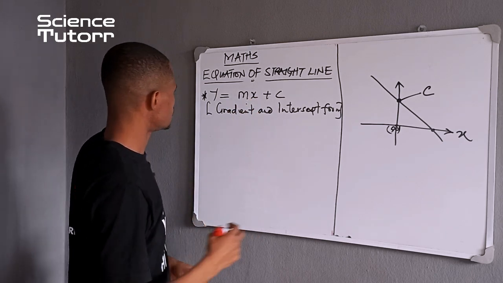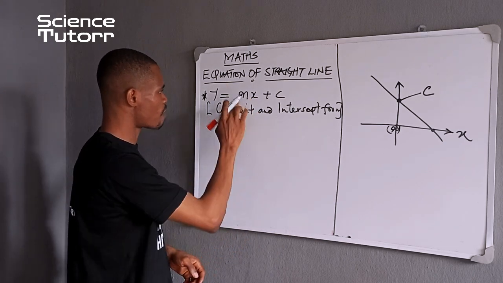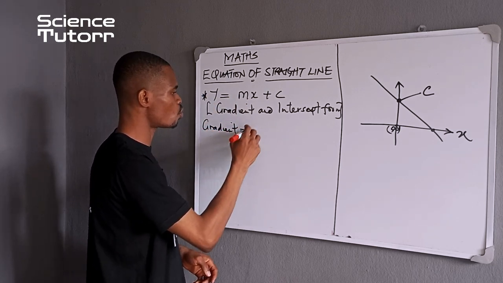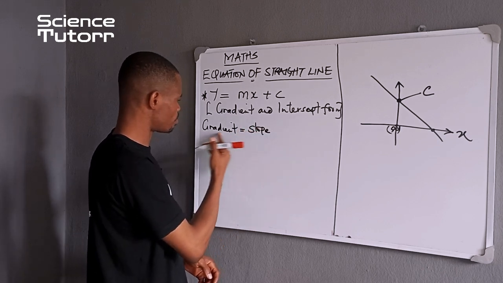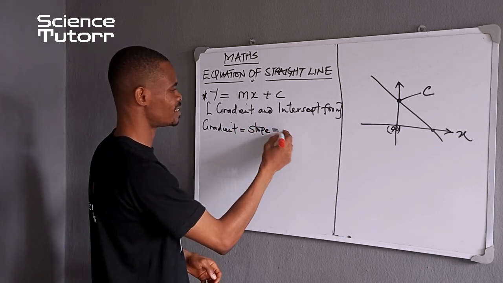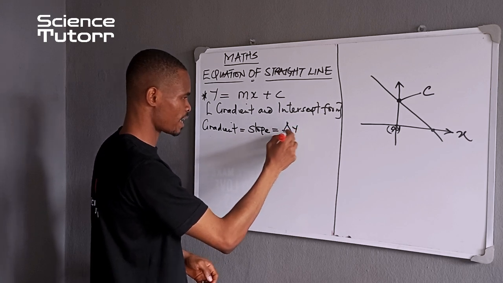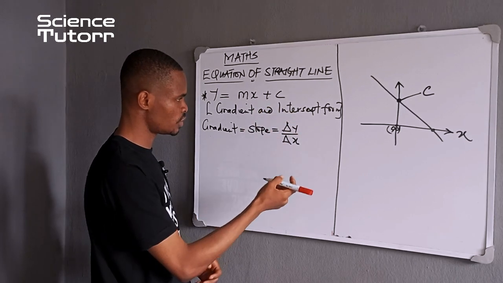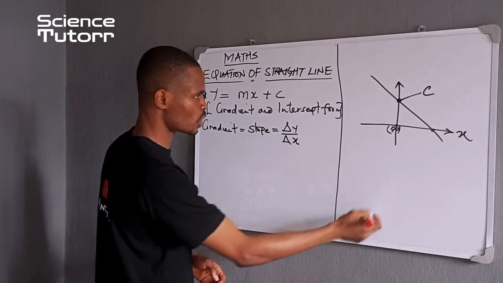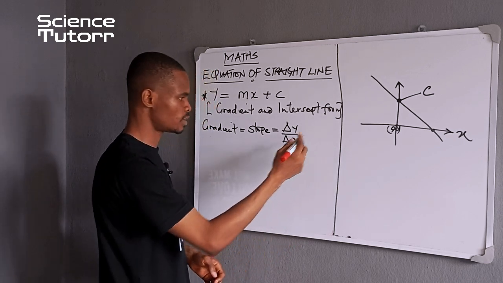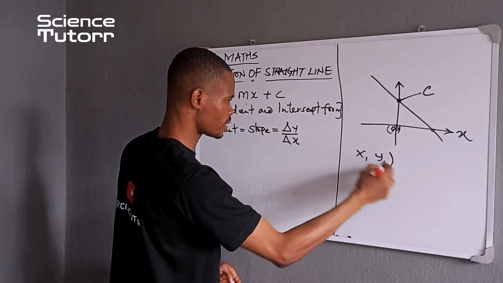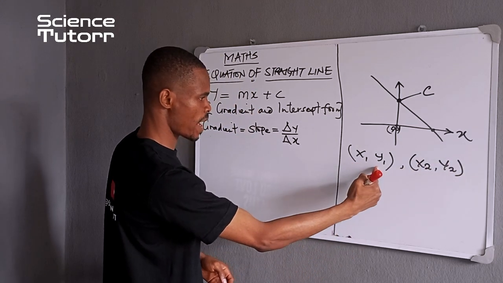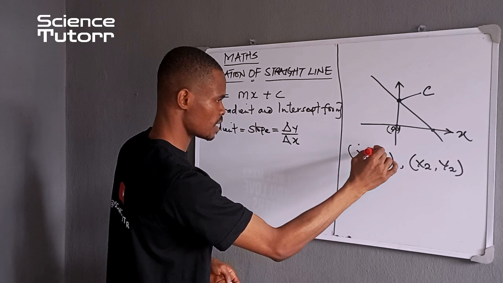That is one piece. Now, in this form, we have what we call the gradient. Take note, the gradient is also known as the slope. The slope or the gradient simply means the change in y divided by the change in x. This symbol represents change in, which simply means, in a situation where we have two coordinates, x1, y1, and x2, y2, x comes before y, so the first is always x, and the second is y.